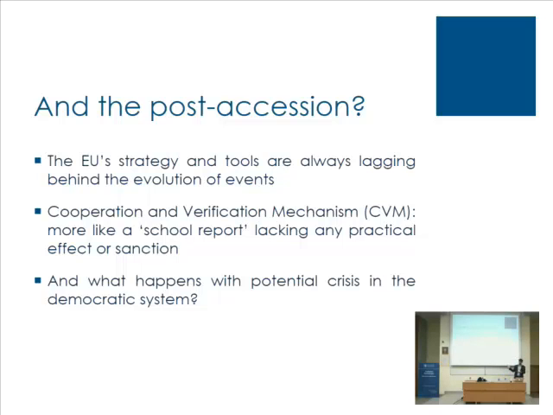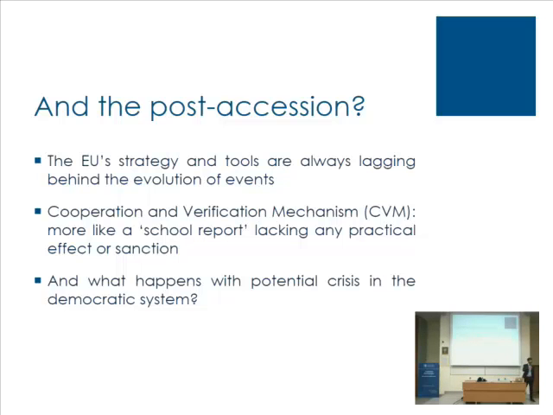But without any practical effects, because this mechanism is used for all member states. So there's no conditionality as before. And there is another problem concerning a possible democratic crisis.